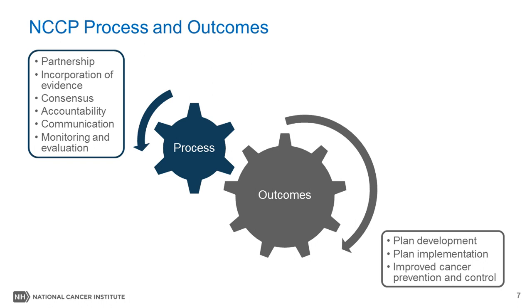And then the outcomes, you can see a plan itself as one of the outcomes, but that's not the ultimate outcome. Ultimately, you want to see that plan implemented, and you want to improve health, particularly in cancer prevention and control in this case.